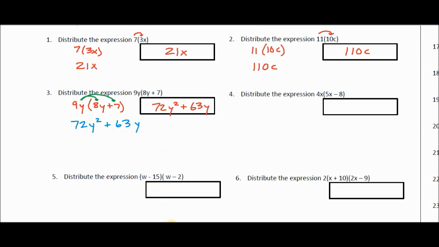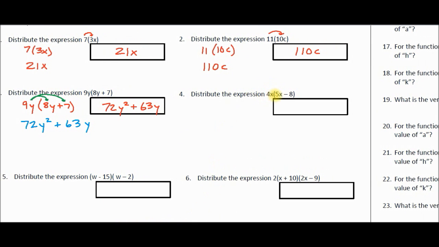Question number 4. Distribute the expression 4x times 5x minus 8. Same procedure. This is just giving you additional practice on this, so we're doing it without making too many errors. Hopefully no errors. It's a monomial times a binomial. 4x times 5x. Let's work that out separately. 4 times 5 is 20.